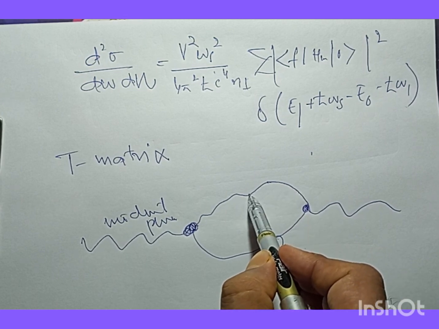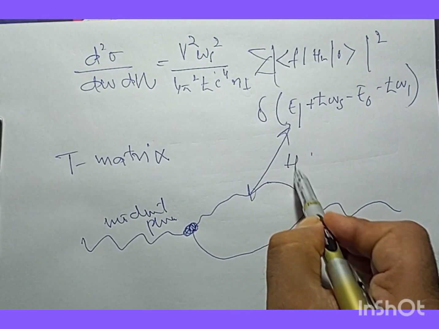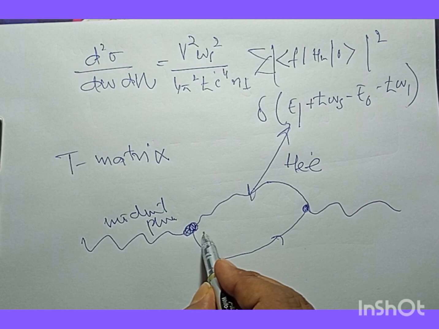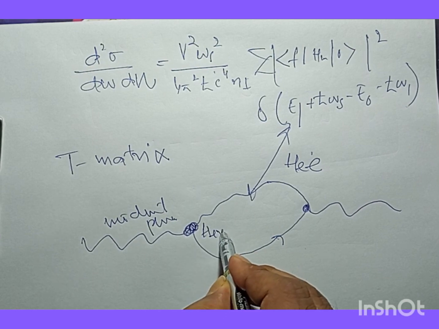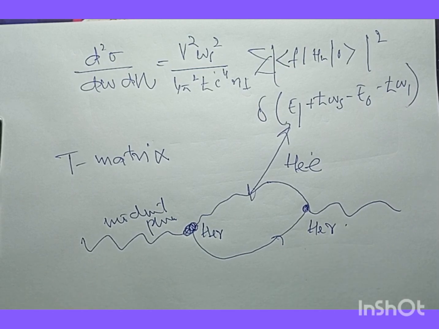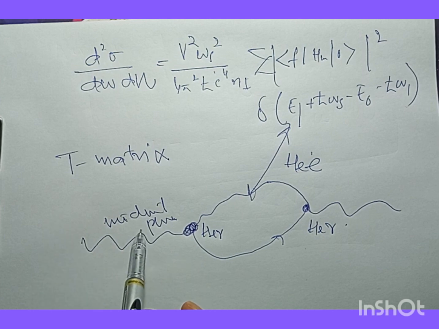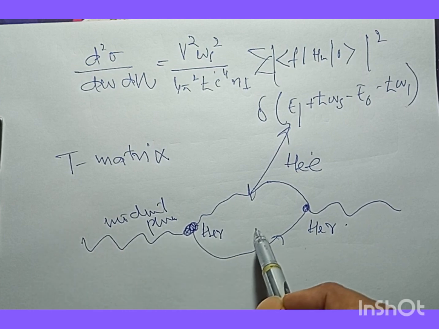So what we have is H_ER, H_EE, and H_ER. Things are purely arbitrary here. The interactions that we have here are instantaneous, so the order of the interaction can be interchanged.